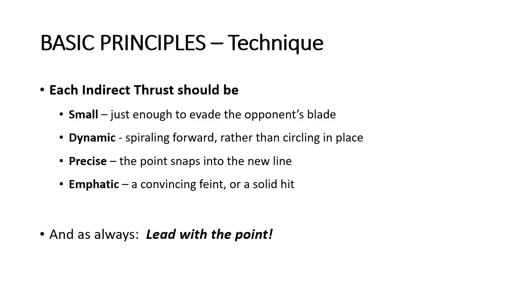Dynamic, spiraling forward rather than circling in place. Precise, the point should snap into the new line, into a definite position, not waggle about in a vague way when it arrives. And emphatic, making a convincing feint or a solid hit. Once again, and always, lead with the point.